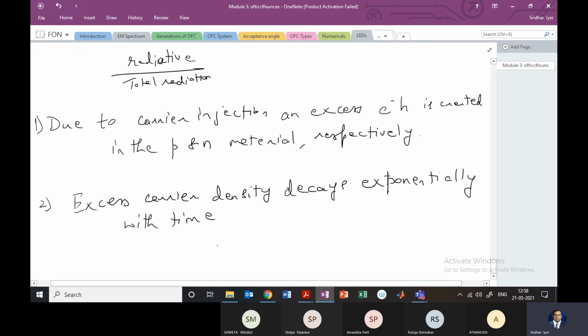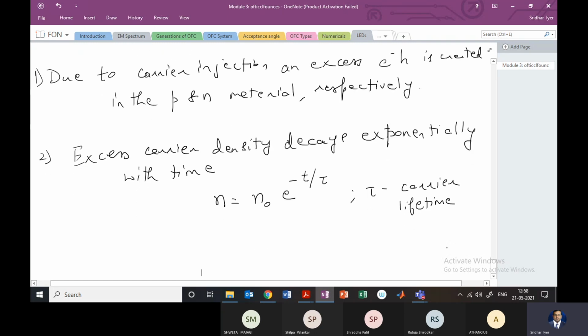So n is the carrier density, and n naught is the initial injected electron density, and this is known to decay exponentially with time. So you have e raised to minus t divided by some tau, where tau is lifetime of the carrier, means how long the carrier will sustain. So carrier lifetime, this is an important parameter.